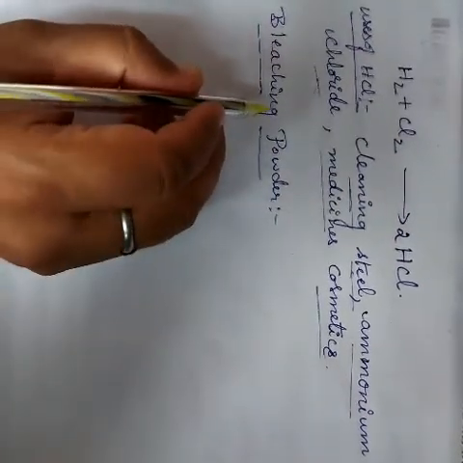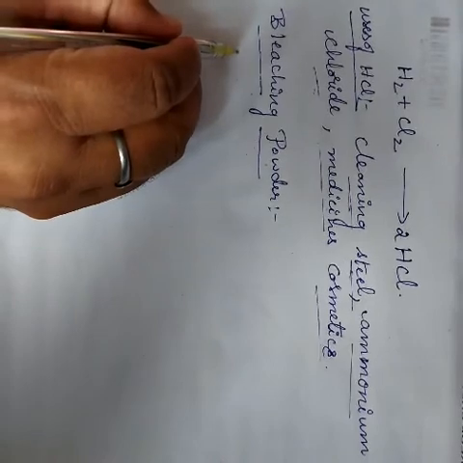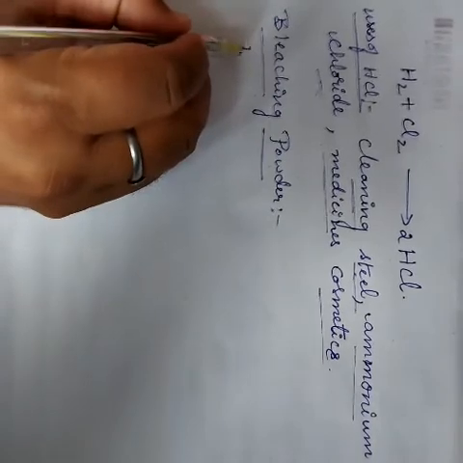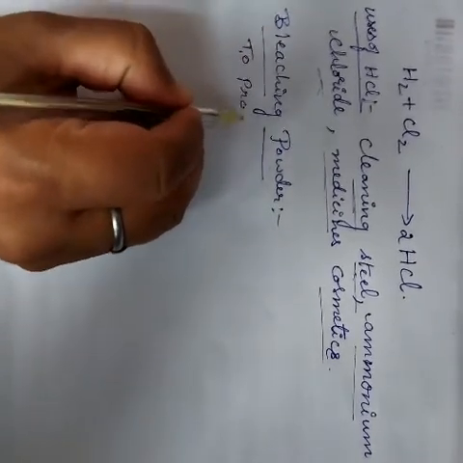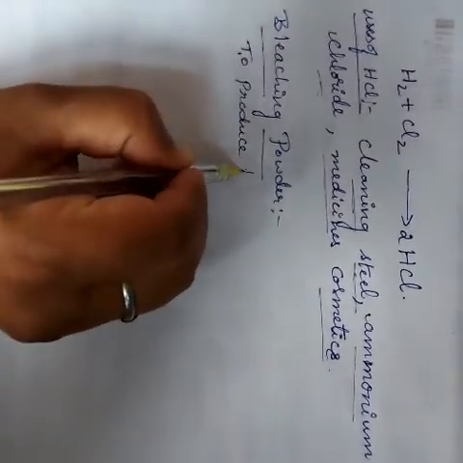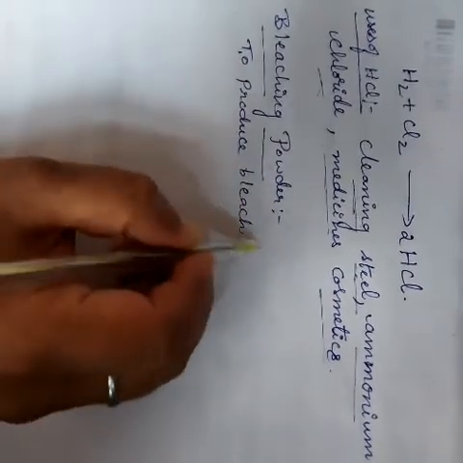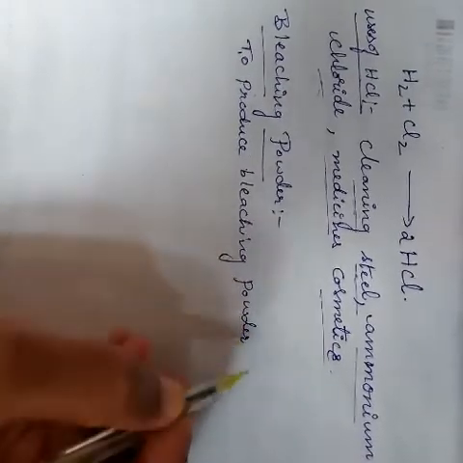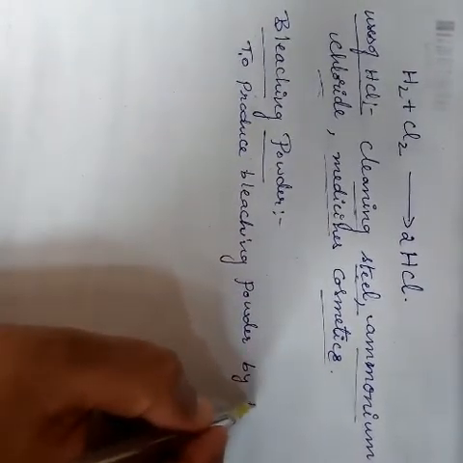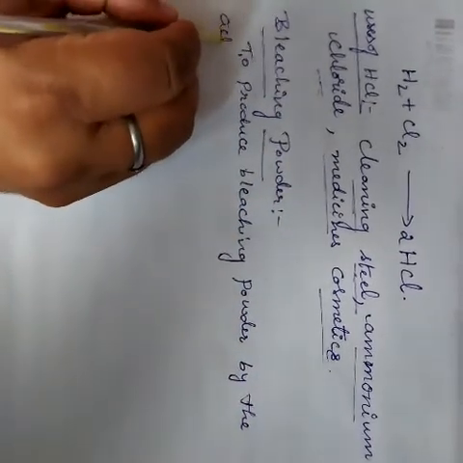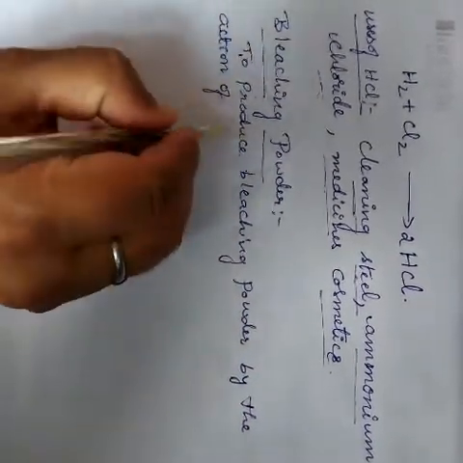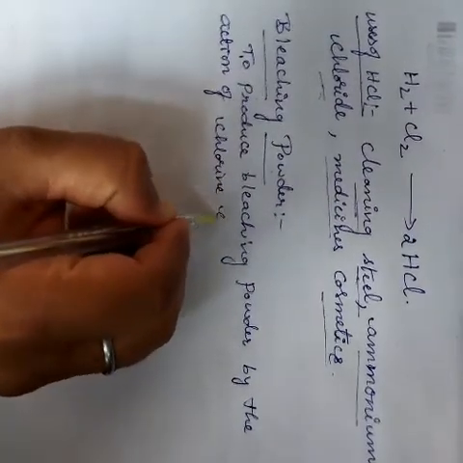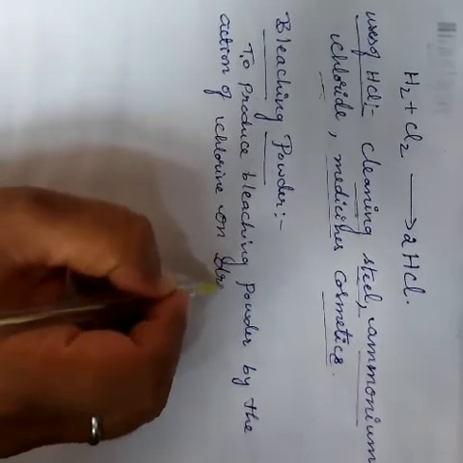Chlorine gas is passed into dry slaked lime to produce bleaching powder, by the action of chlorine gas on dry slaked lime.